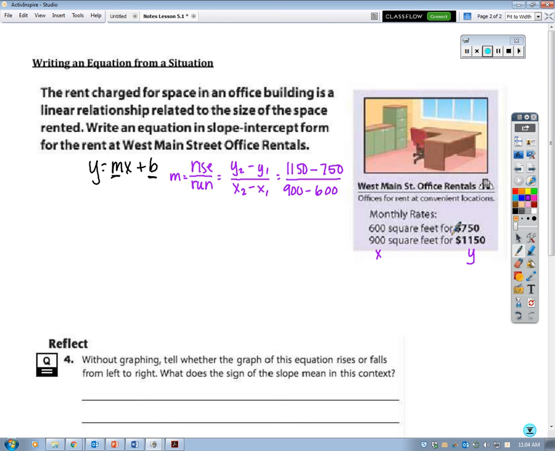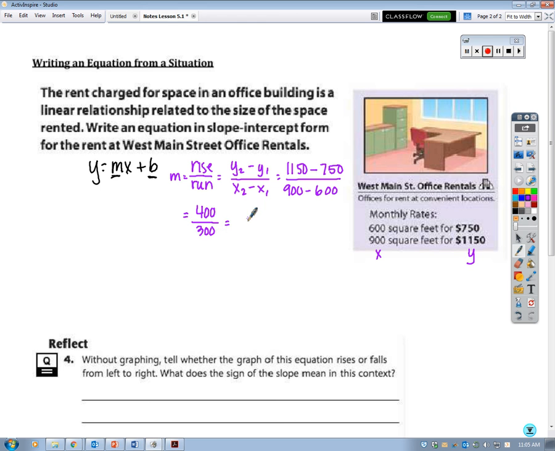For 600 square feet, it costs 750, and for 900 square feet, it costs 1150. So I should be able to figure out what it costs per square foot in this formula. And what does that give me? 1150 minus 750 is 400, and 900 minus 600 is 300.